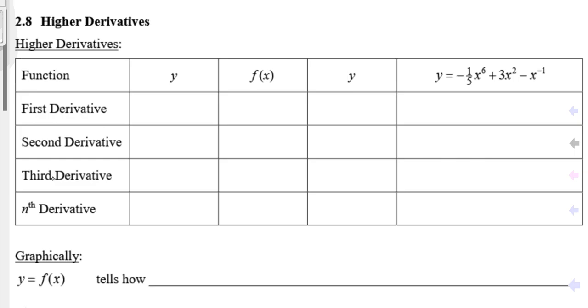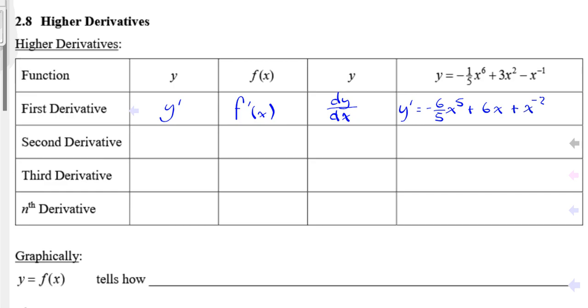Some notation. Okay, we know if we're doing the derivative of y, we can write it as y prime. Derivative of f of x, f prime of x. Or derivative of y, dy dx if we use Leibniz's notation.